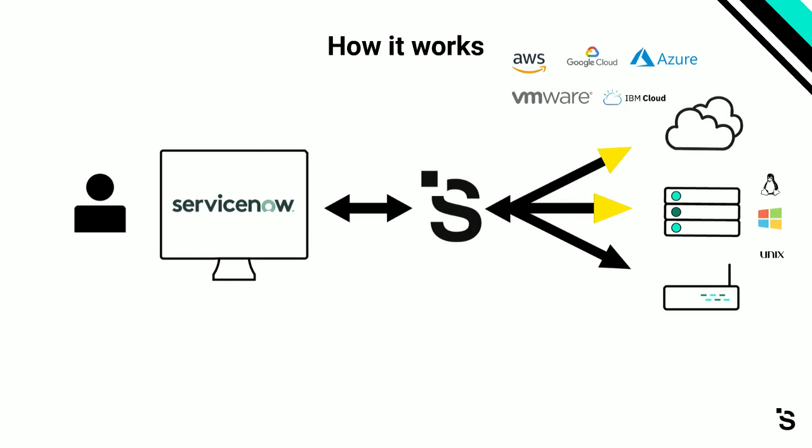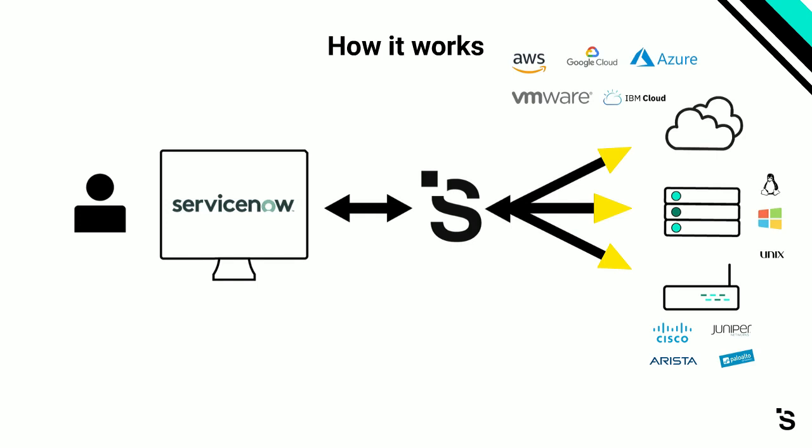We also provide solutions for Linux, Windows, Unix systems such as AIX and Solaris, virtually any flavor of Linux you can imagine. In addition, on the network side, we provide support for Juniper, Cisco, Arista, Palo Alto, and others.